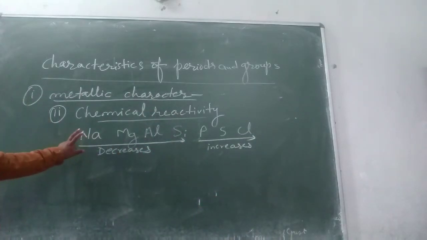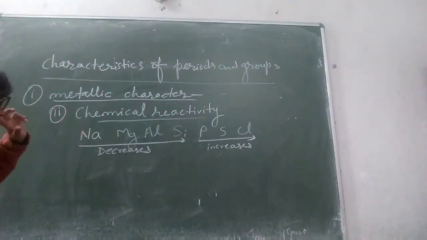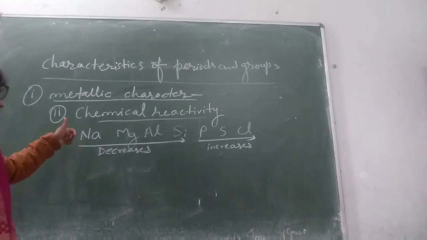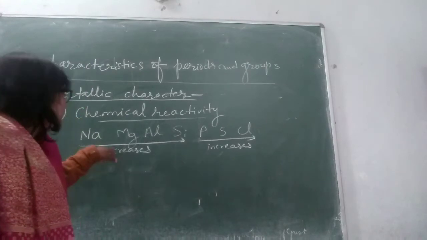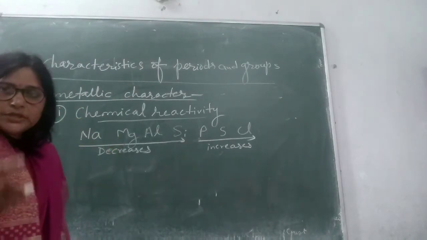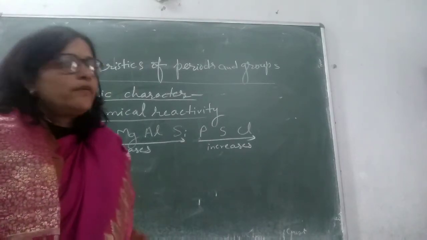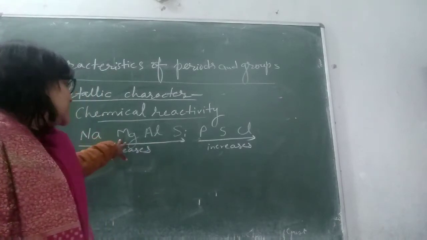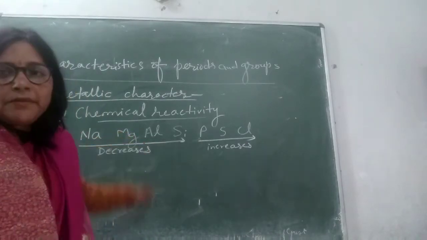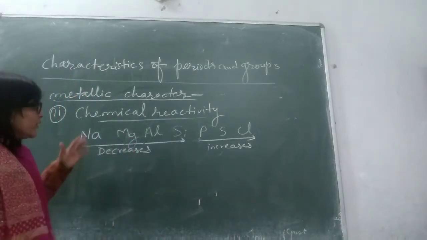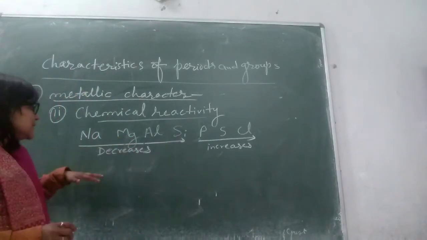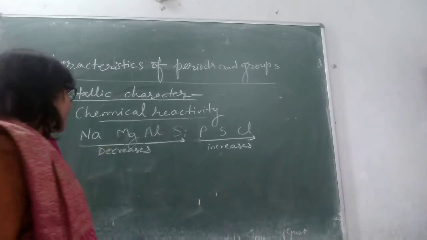Reason: in the case of sodium, only one electron is lost by sodium for a chemical reaction. Magnesium loses 2 electrons and becomes stable, and in the case of aluminium 3 electrons are lost. But the more electrons it will lose, the less is the tendency to react with another element.